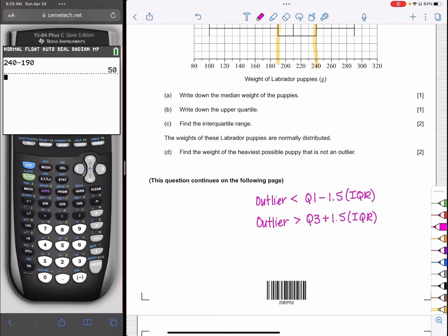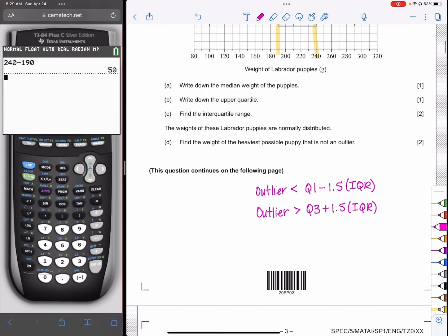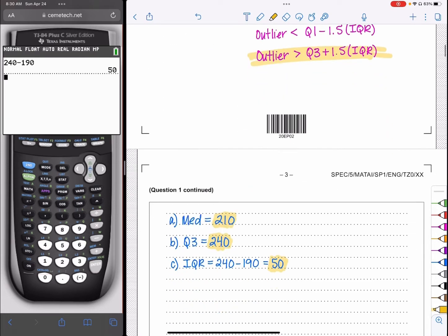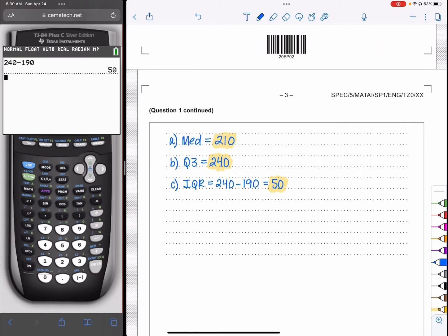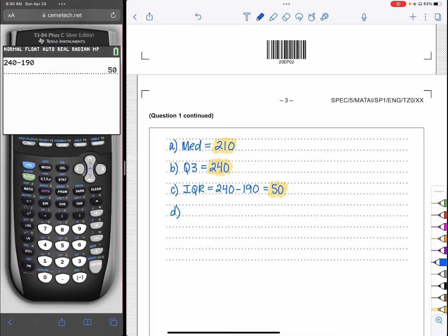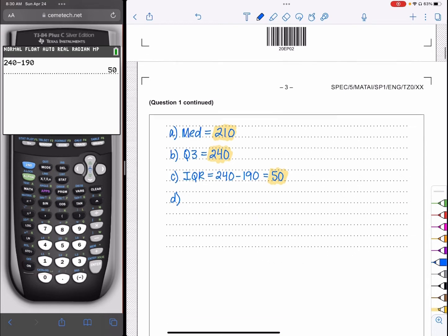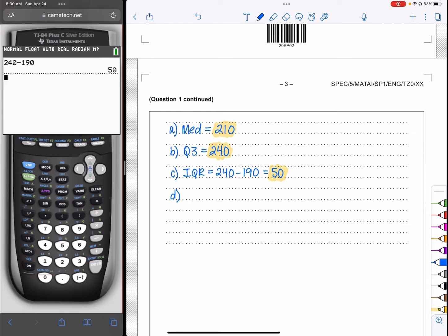All right, so because it says that we're looking for the heaviest possible puppy, I'm looking for the bigger outlier, which means I need to focus on this piece here. In order to find the biggest weight it can be before it becomes an outlier, I have my Q3, which is 240, plus 1.5 times my IQR, which is 50.